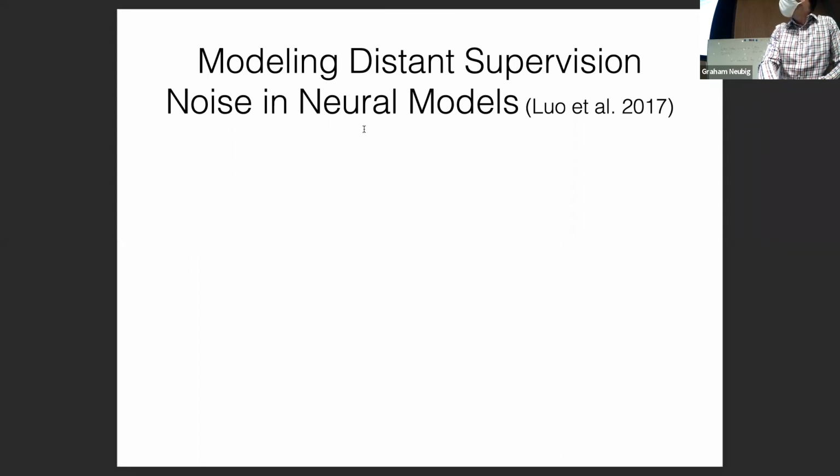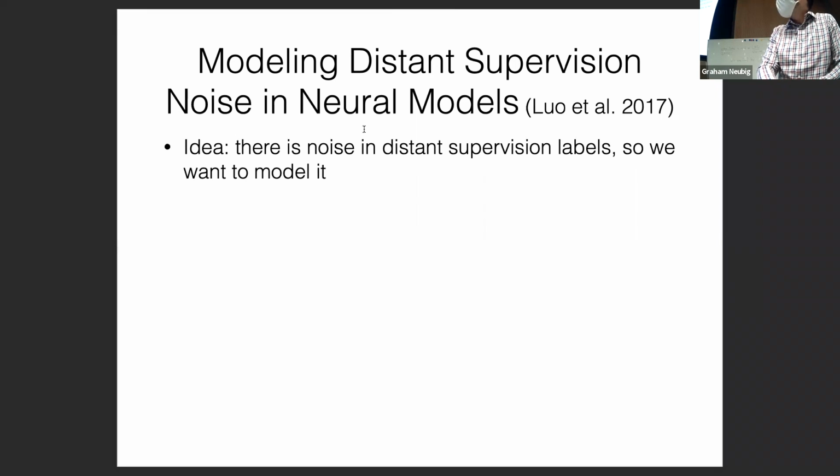Okay, so the next part is, what do we do when the training is noisy because we're making an assumption that's obviously incorrect, which is that all sentences that we have with the two entities are positive examples. This isn't true, but we assume it's true to generate training data.